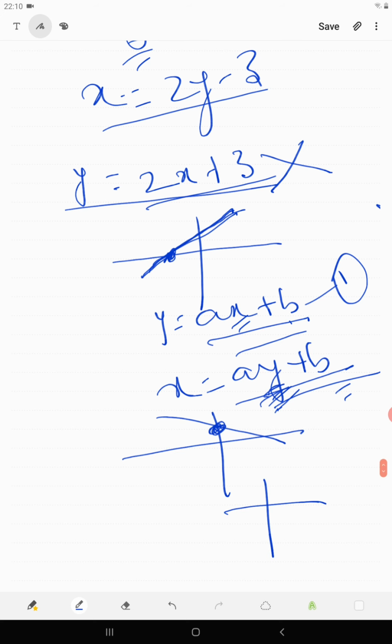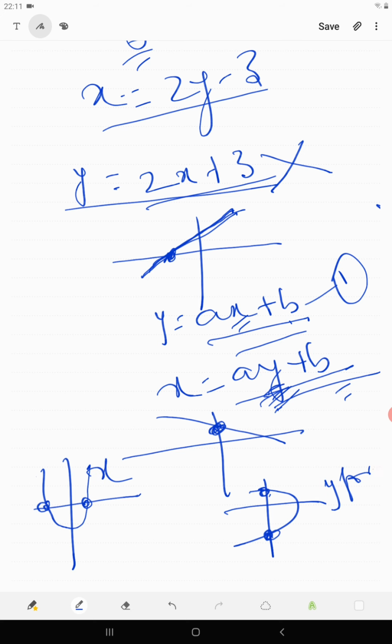Suppose it is like this. Here you can see it is touching the y-axis at 2 points. So the number of 0s is 2. Similarly, if it is like this, you can see it is touching x at 2 points. So this is of the x form and this is of the y form. Of course, this is a quadratic equation graph.